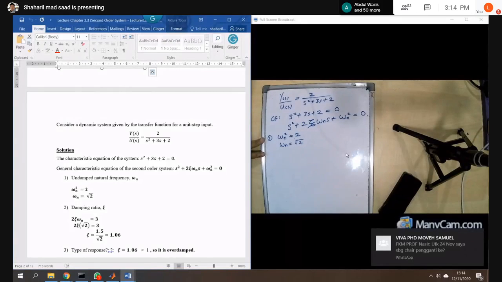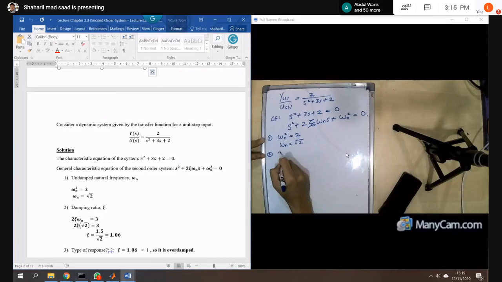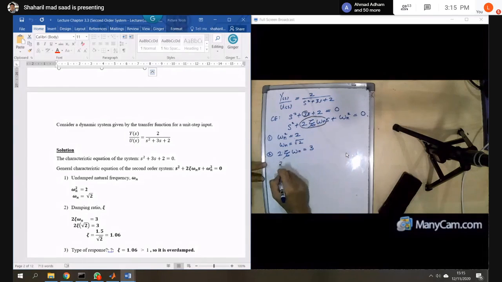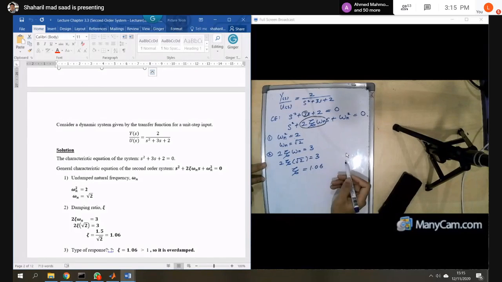Then number 2, 2 theta omega n equals 3. Then you can calculate theta here, and you get 1.06.